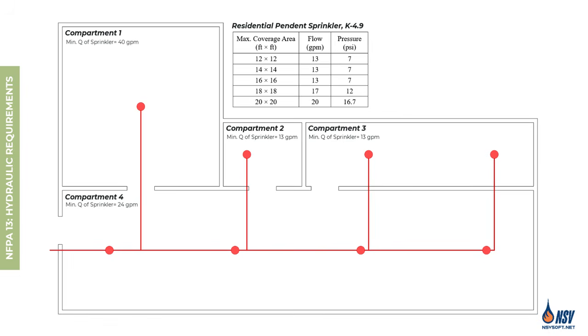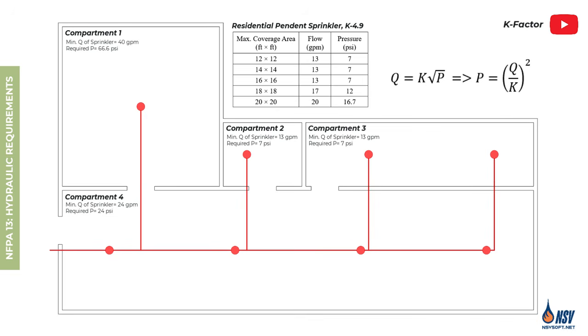For sprinklers where the required flow is greater than the datasheet value, the pressure can be calculated using the equation Q equals K times the square root of P. In this example, the pressure for the sprinklers in compartments 2 and 3 is obtained from the datasheet, while the pressure for the sprinklers in compartments 1 and 4 is determined using the equation. The K factor of the hypothetical sprinkler is 4.9.